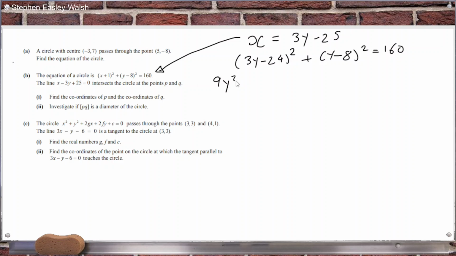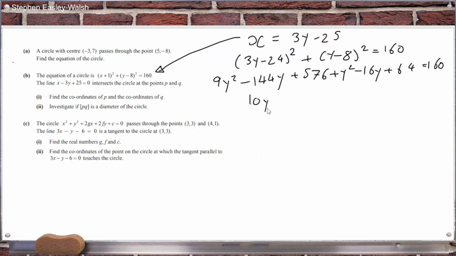So that would be 9y squared minus 144y plus 576 plus y squared minus 16y plus 64 equals 160.